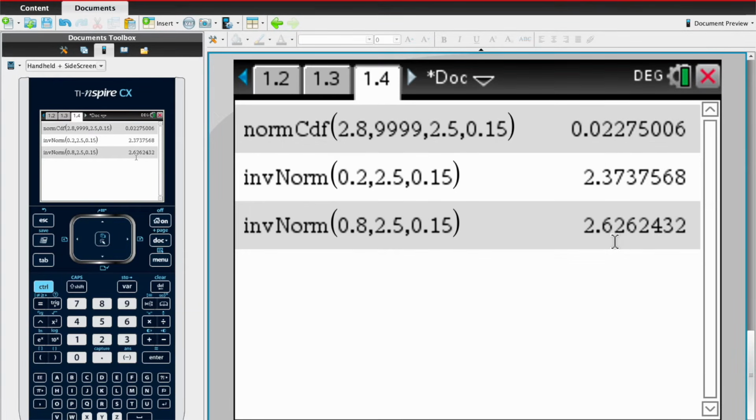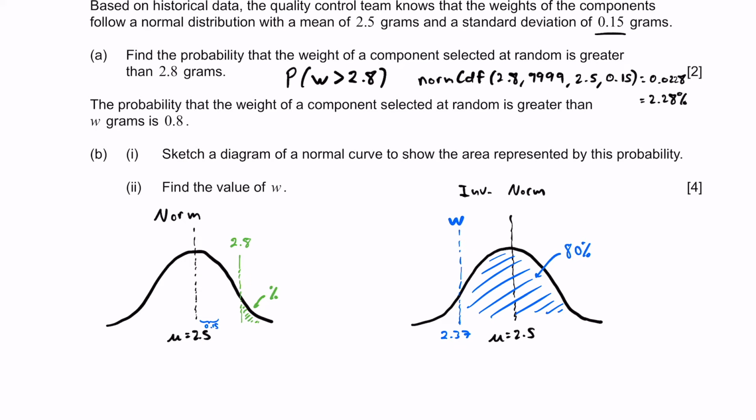And going back to the document, if this is a value of 2.62, there's no way, for example, that 80% of our units would be greater than 2.62, because the mean itself, the dividing line, is 2.5. So 50% to the right, 50% to the left. At 2.62, there's not enough space left, essentially, for 80% to be on the right side. So that would be another way to remind you that the calculator sweeps left to right.